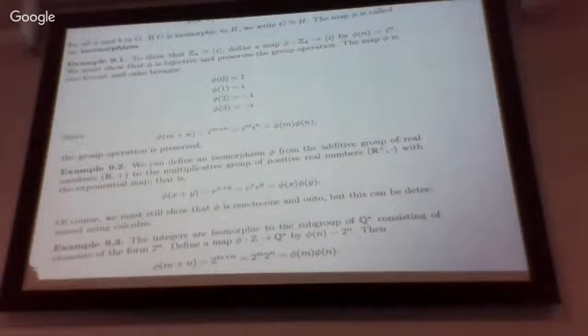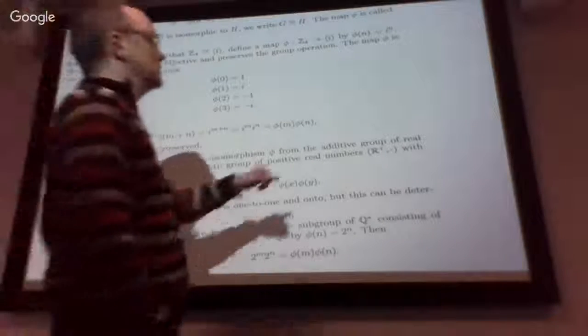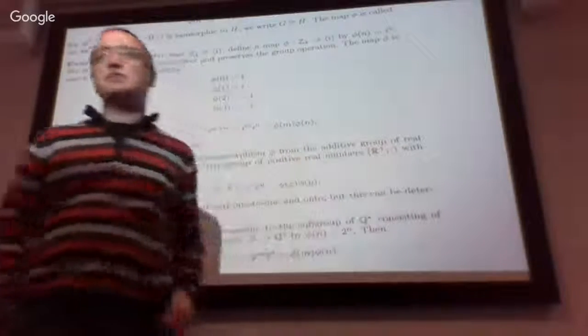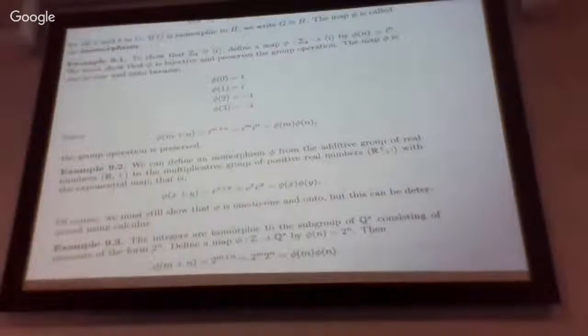So you consider all the real numbers under the operation of addition. That's a group, certainly. That is isomorphic to the real numbers under multiplication, but just the positive real numbers under multiplication. And the map that gives it to you is the exponential map, sending x to e to the power of x.